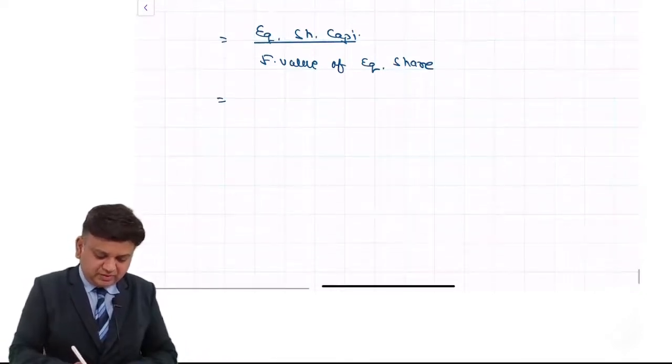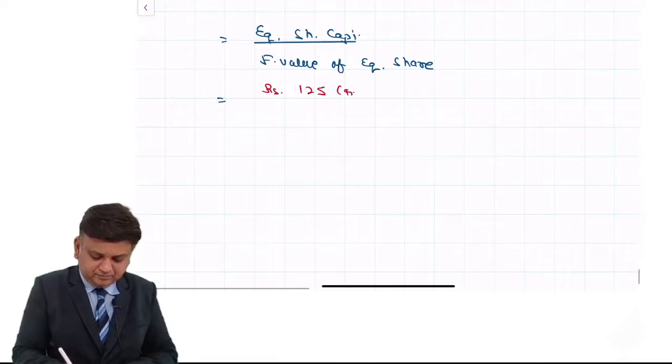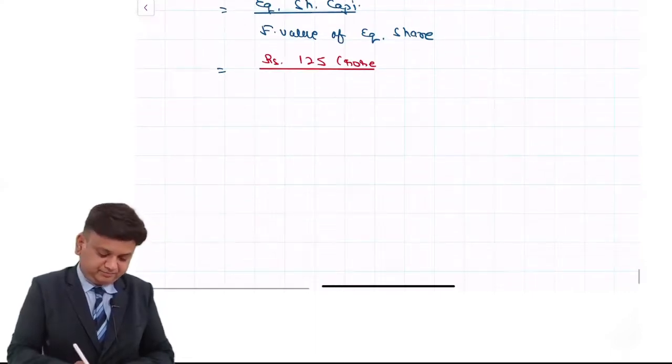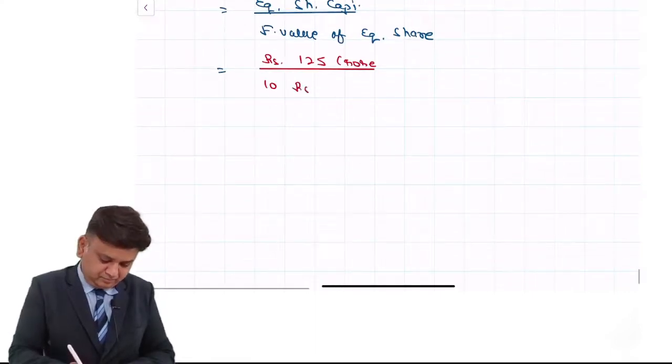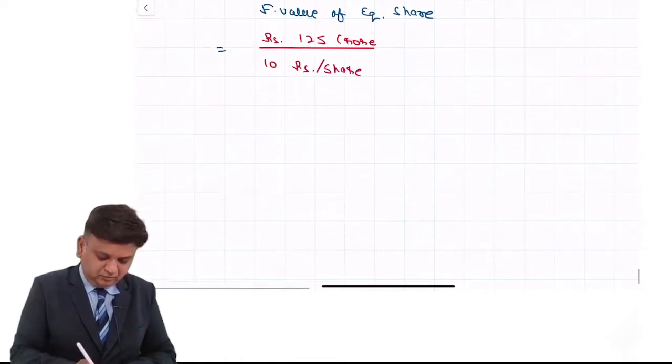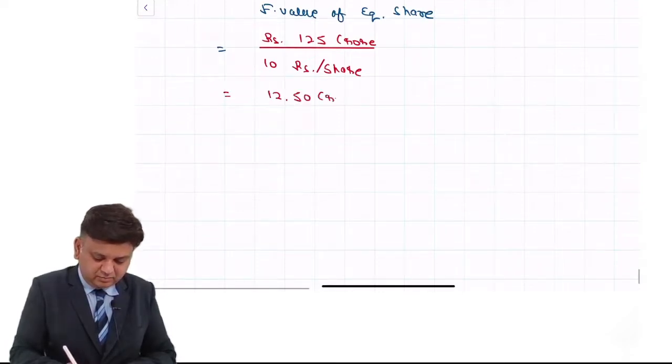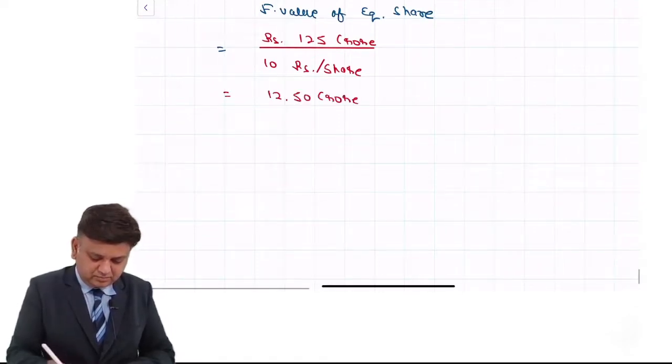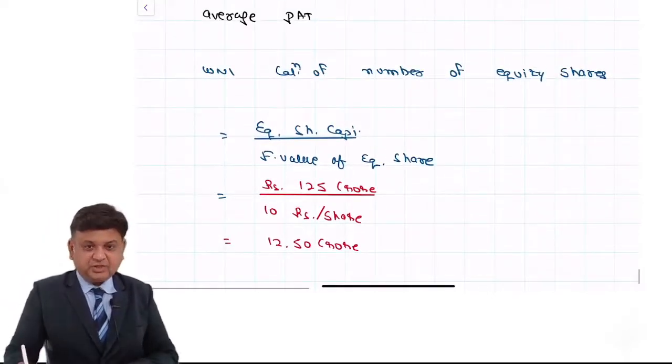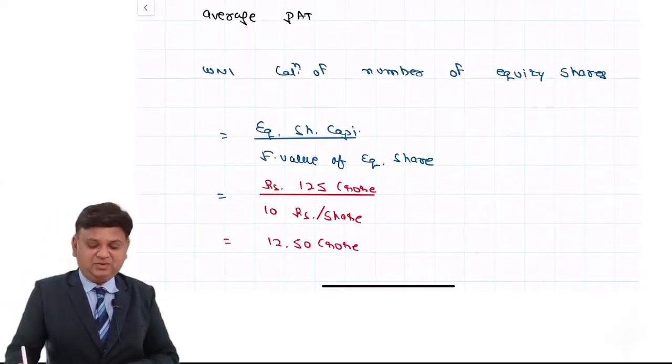So it is rupees 125 crore divided by face value of equity share, 10 rupees per share. So the final answer will be 12.5 crore. So the number of equity shares is 12.5 crore.